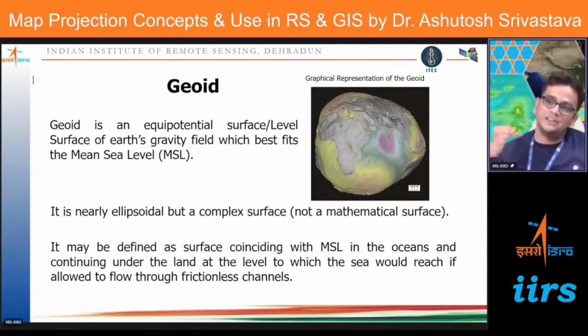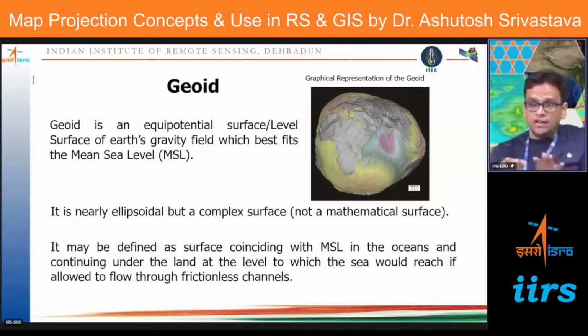Based on that, we define this as our mean sea level. It's not a one day job. It's continuous observations they are taking. And if you take only the gravity based information, the gravitational potential energy, then it becomes the geoid.